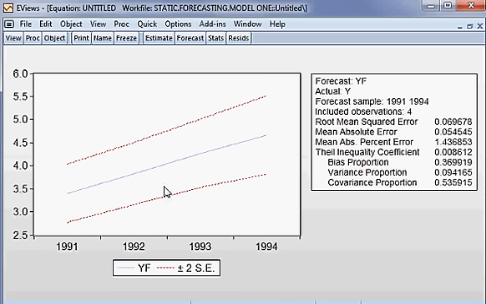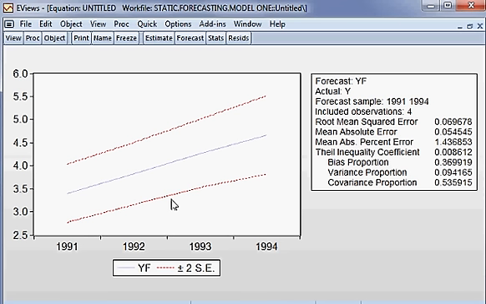And since this line is passing through these two lines, meaning that our forecasting model is satisfactory.